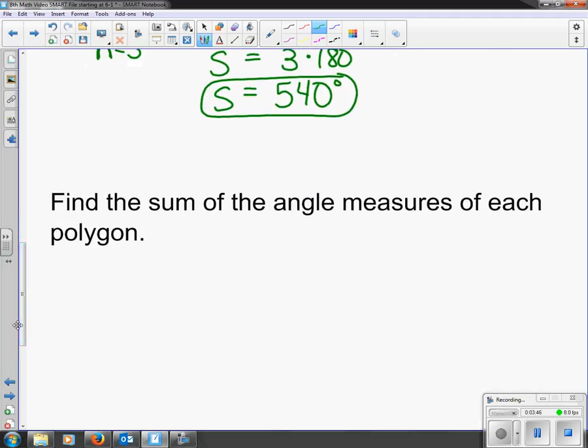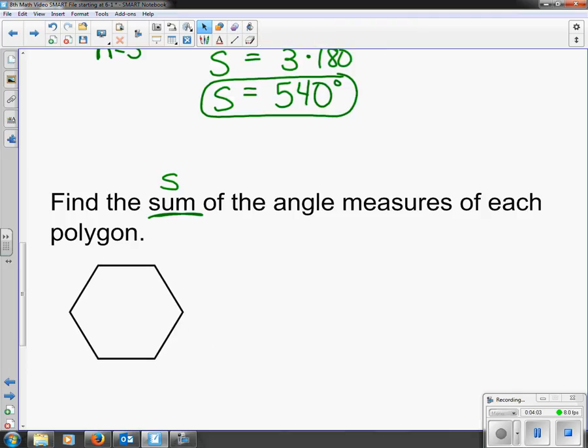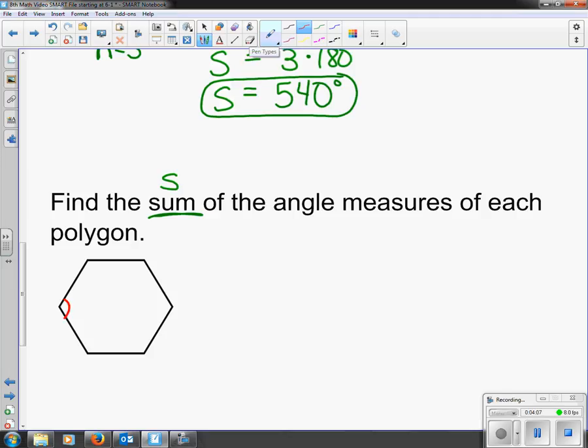It says find the sum, that's your S, of the angle measures of each polygon. So we did a pentagon. Let's do another shape. Let's do a hexagon. So here's this hexagon, and we're looking at the interior angles inside.